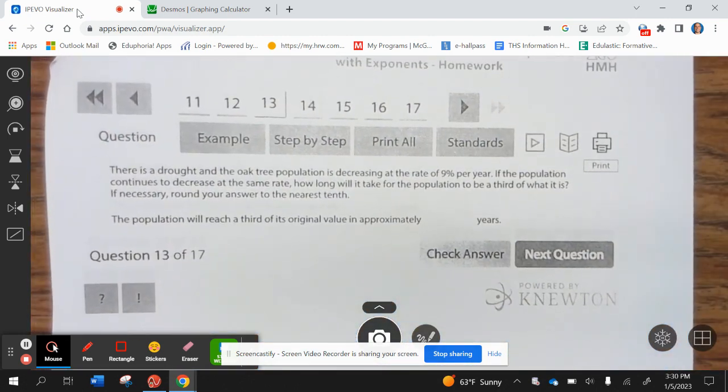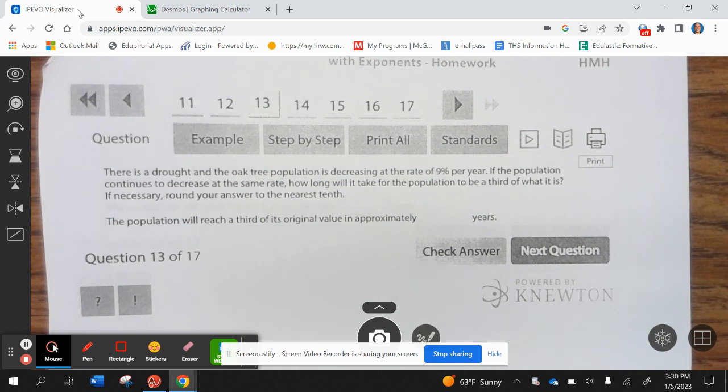All right, example 13. There is a drought and the oak tree population is decreasing at a rate of 9% per year. If the population continues to decrease at the same rate, how long will it take for the population to be a third of what it is? If necessary, round your answer to the nearest tenth.